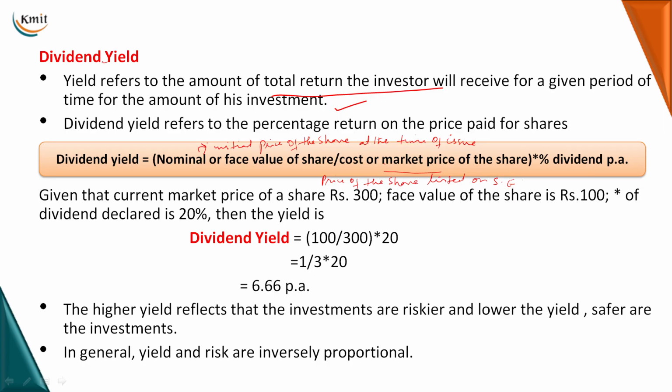Given that the current market price of a share is 300, face value of the share is 100, dividend declared is 20%, calculate the dividend yield. Applying the formula, face value of the share divided by market price into rate of dividend.